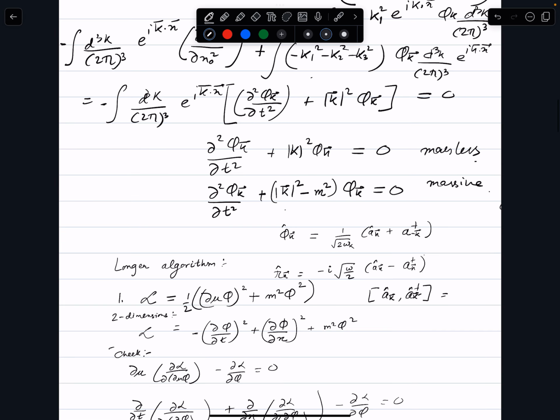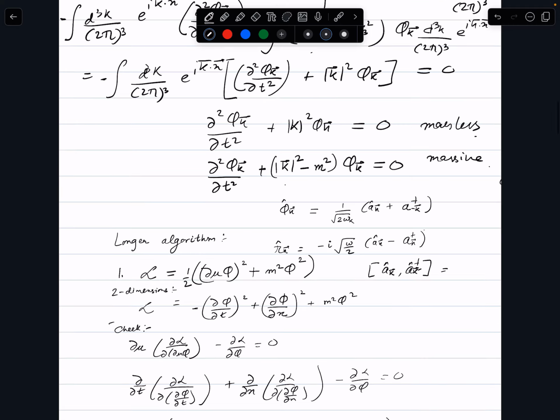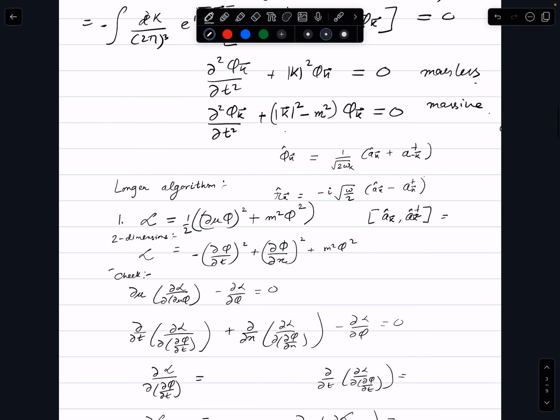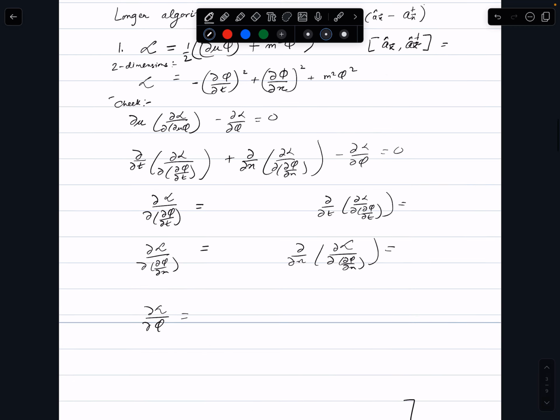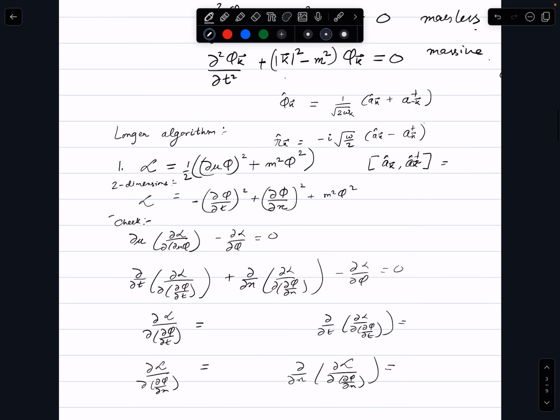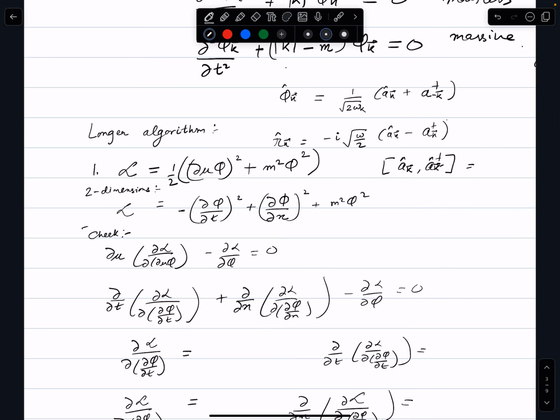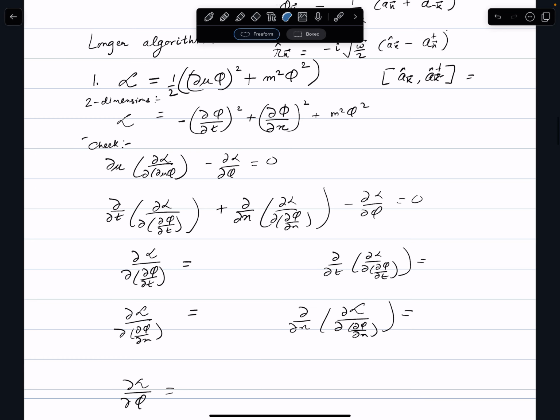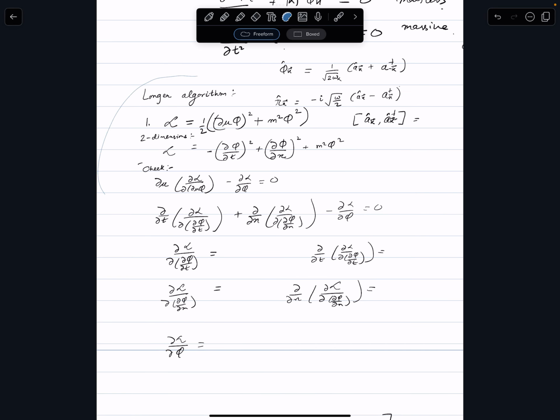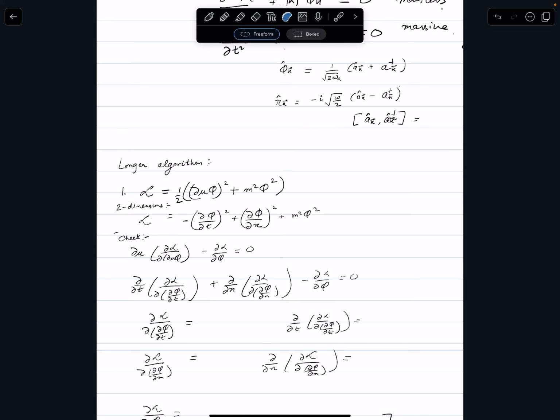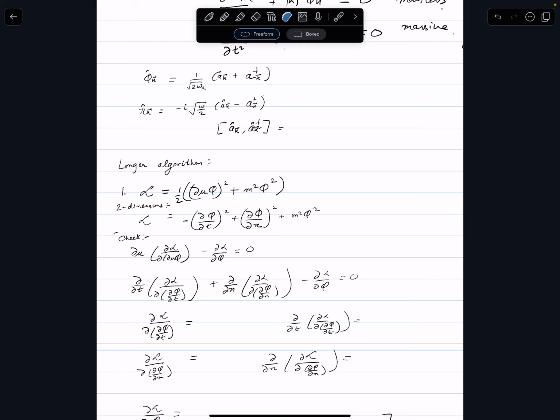Okay, so again we have reduced this system into a set of infinite harmonic oscillators, and now we can quantize each harmonic oscillator like we have seen previously. So once we have infinite harmonic oscillators, all we have to do is quantize each one.